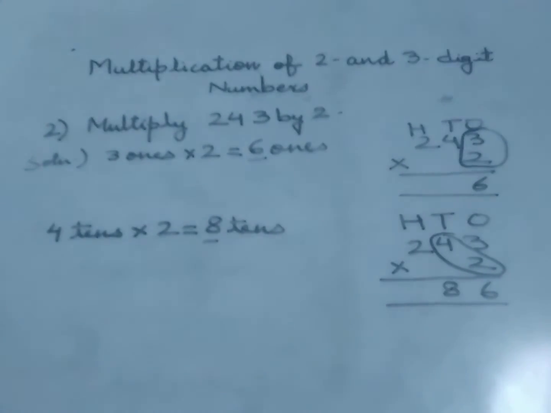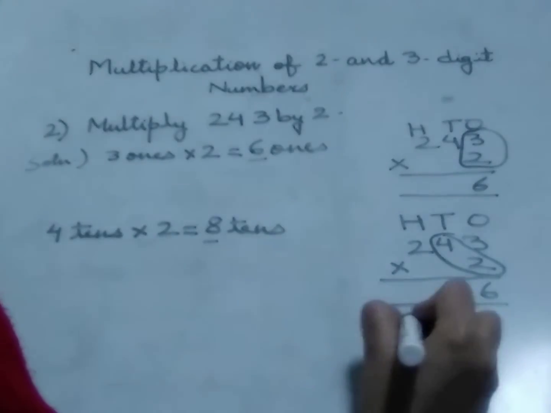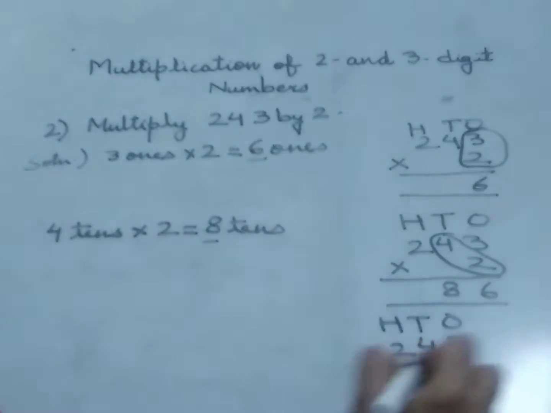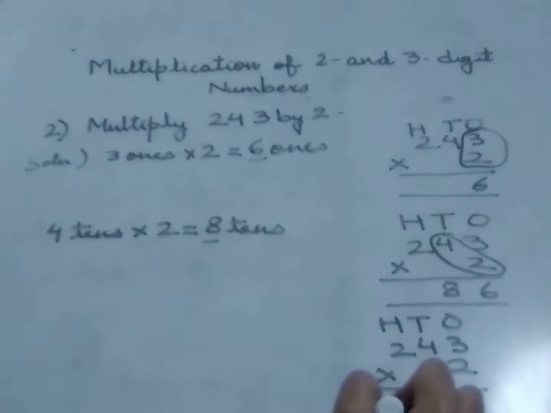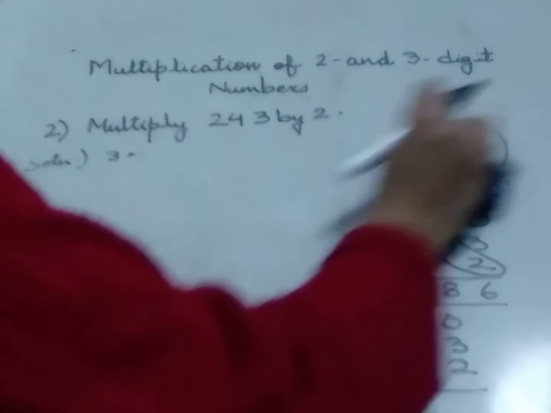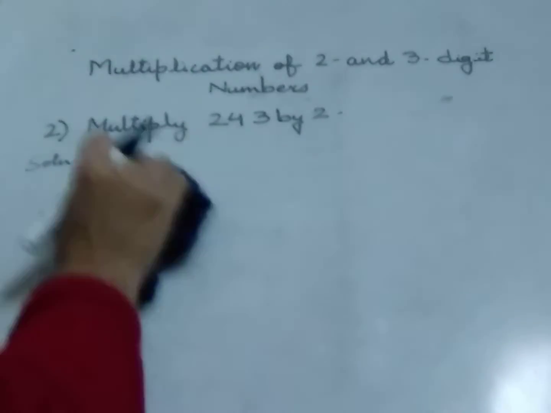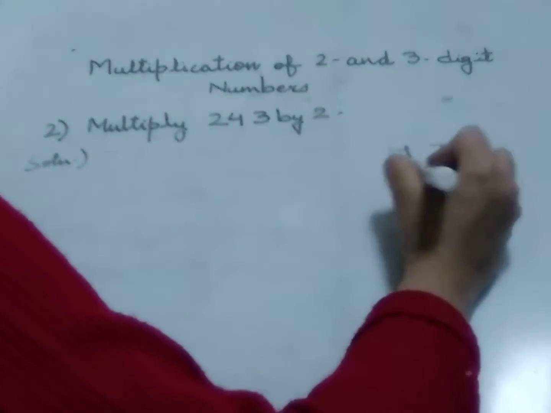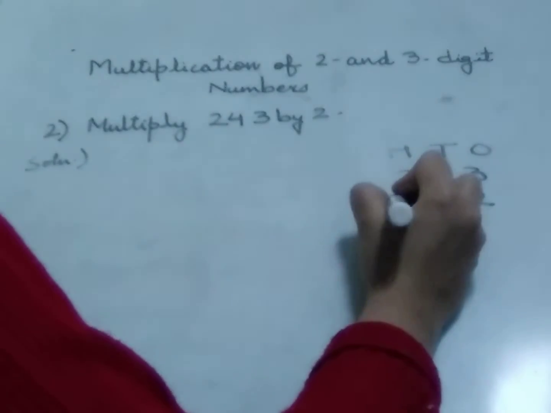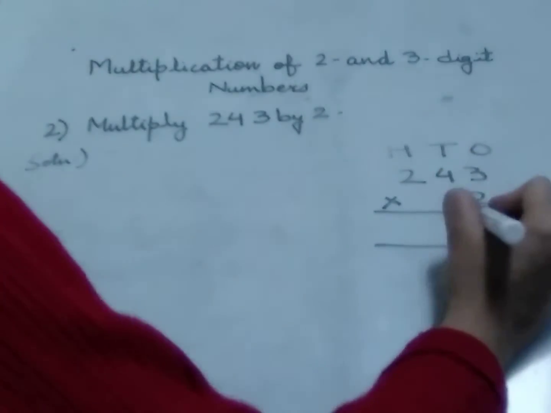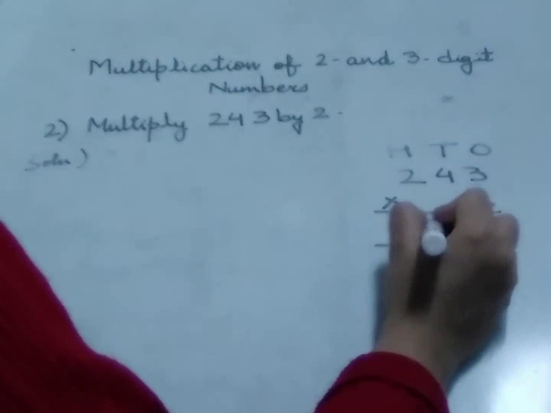Now multiply the hundreds. 243 multiplied by 2. At ones place this is 6, tens place 8.